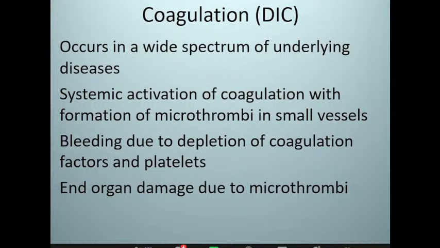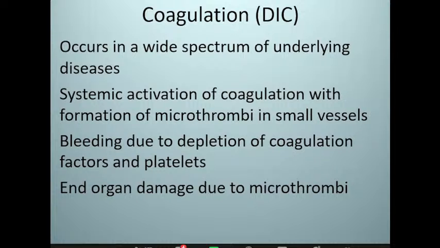Now, DIC occurs in a wide spectrum. It accompanies a wide spectrum of underlying diseases. It's seen in a number of disorders. And in this condition, there is systemic activation of coagulation. So the coagulation cascade is activated, but it is of low intensity.